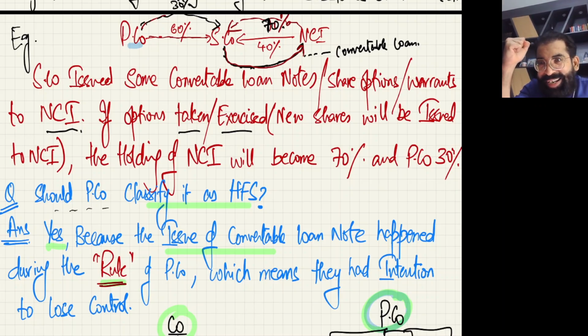P company had the control. That means all these things happened with the consent of P company. So P company intentionally lost its control, which means they had the intention to lose control. Yes, then this is held for sale.